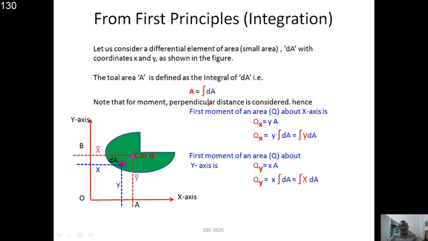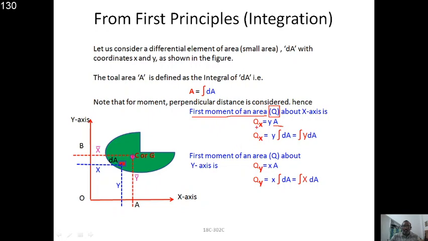To find the centroid, you need to take the moment of an area, which is the first moment of an area, denoted as Q. So area is A, and we want to have the moment.